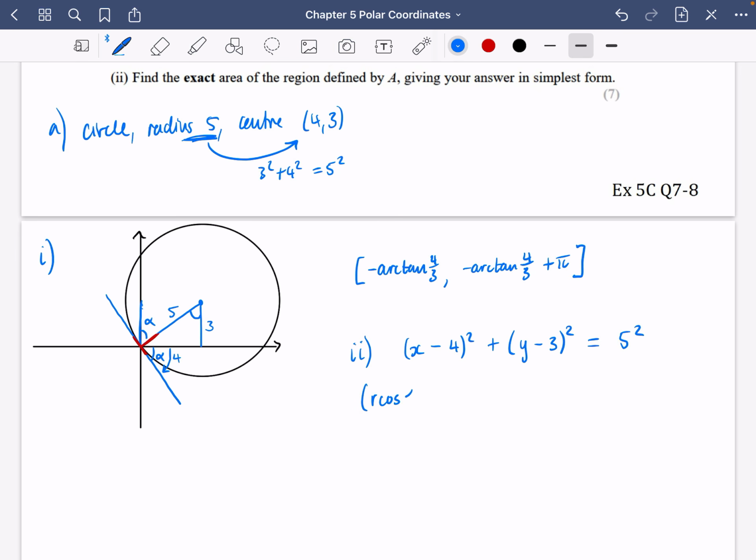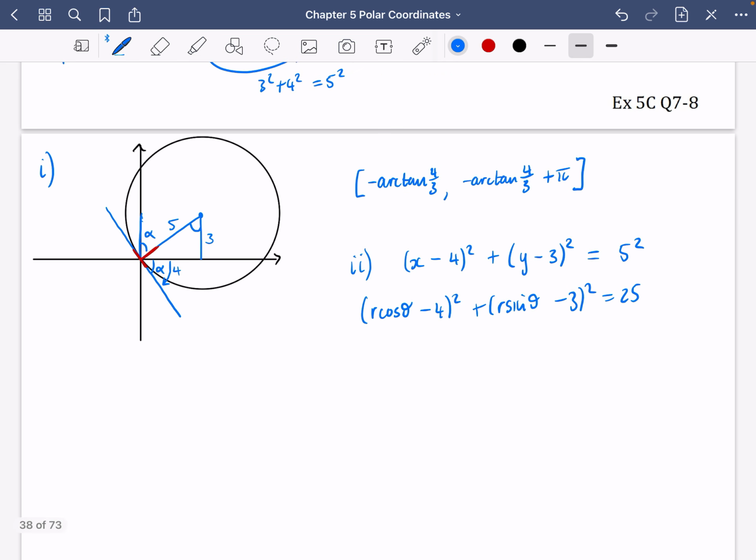We know that x is r cos theta, so it's r cos theta minus 4 squared plus r sine theta minus 3 squared. And I'm just going to expand and collect everything together. So expanding this, r squared cos squared theta minus 8r cos theta plus 16 plus r squared sine squared theta minus 6r sine theta plus 9 equals 25.